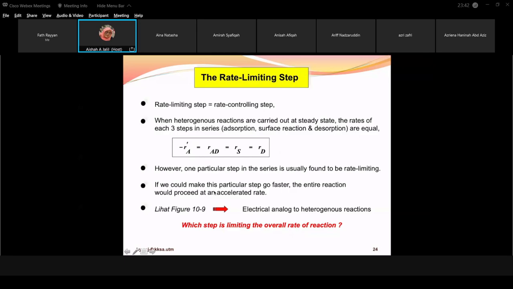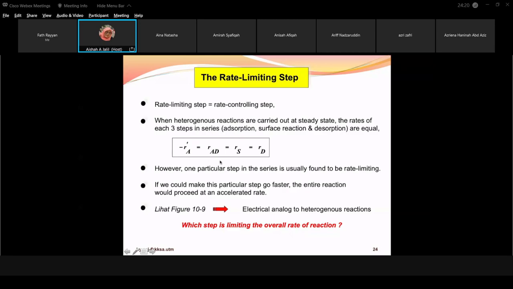Okay, if we could make the particular step go faster, then the entire reaction would proceed at the accelerated rate. Okay, this is from the textbook. I think in the textbook there is one figure showing an electrical circuit with 3 resistances.